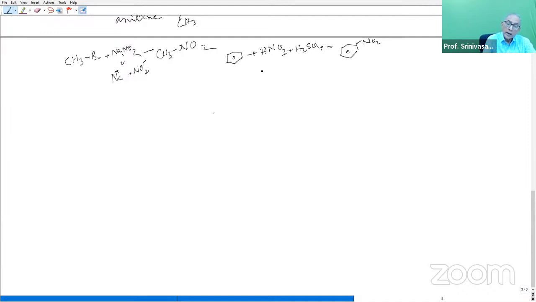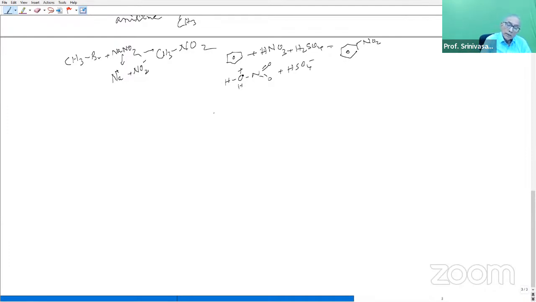When you react nitric acid and sulfuric acid, sulfuric acid is a stronger acid than nitric acid. It protonates the nitric acid. You get HSO4 minus, and the nitric acid is protonated on the oxygen atom.